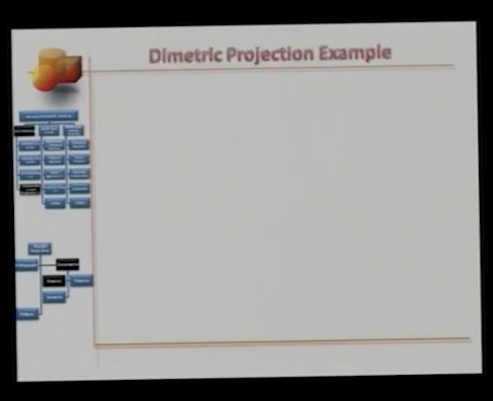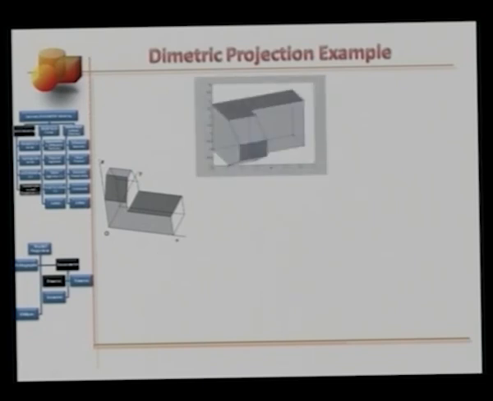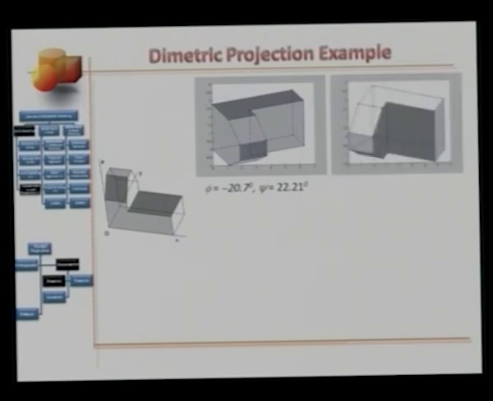Here is an example of a diametric projection. You would like to take the projections of this object. This is a view for phi equals minus 20.7 degrees and psi equals 22.21 degrees. Another view for phi equals minus 20.7 and psi equals minus 22.21.